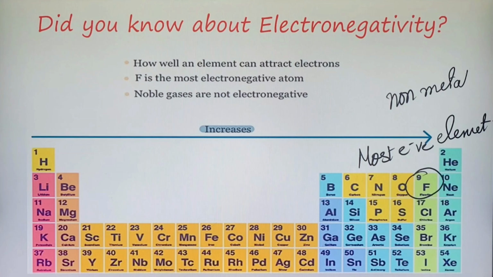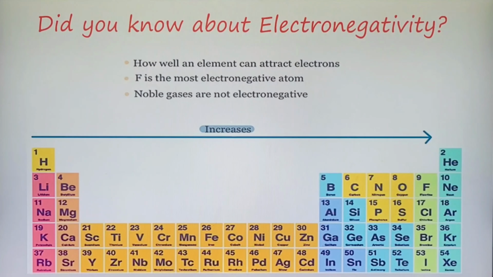I had already told you only more non-metallic elements will be more electronegative. They will be more negative in nature. So please learn by heart which is the most electronegative element. It will be fluorine. Clear? So I hope these 2 points are clear to you, that noble gases are not at all electronegative and fluorine is the most electronegative element.